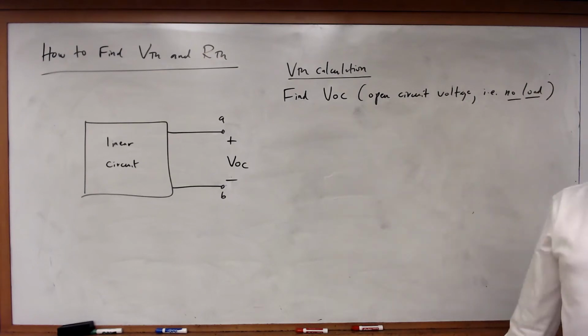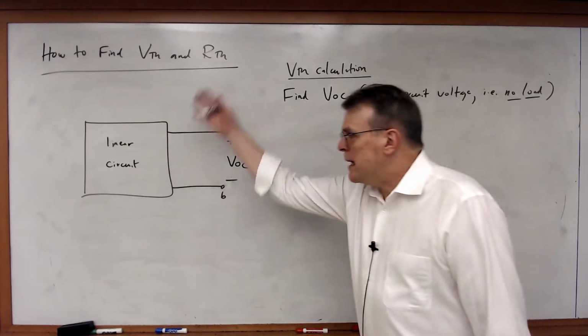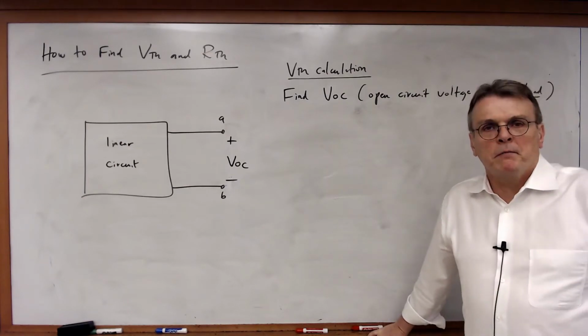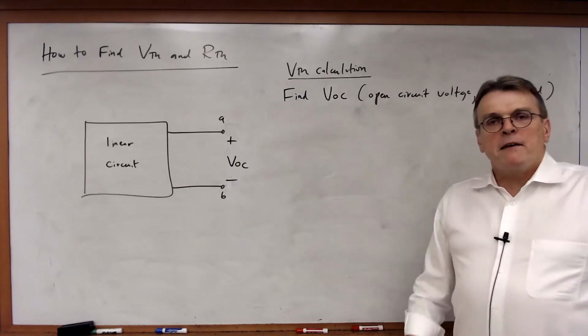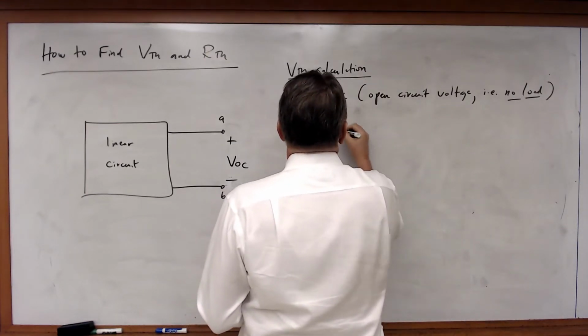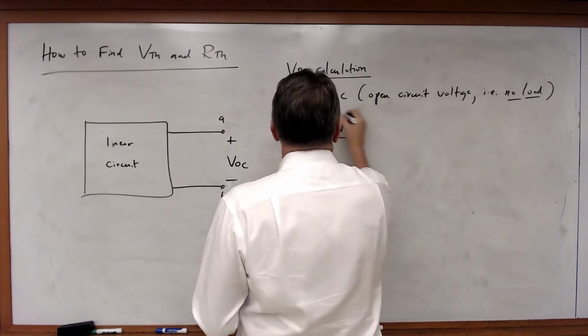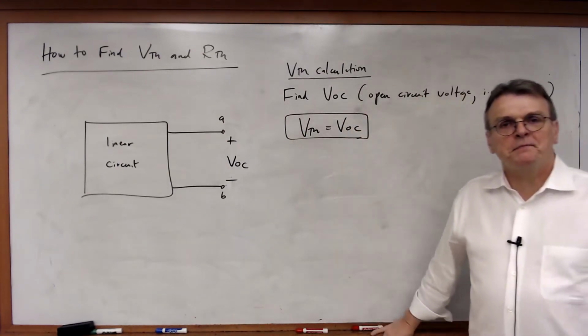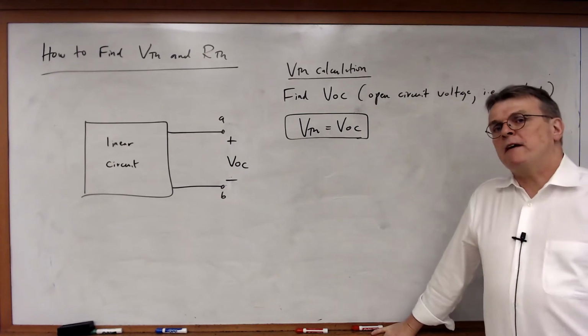I calculate Voc, and I can do that using any circuit technique I want, mesh analysis or nodal analysis, any way I want to do it. Once I find Voc, Vth is simply equal to the open circuit voltage. It's as simple as that. So that's how we find Vth.